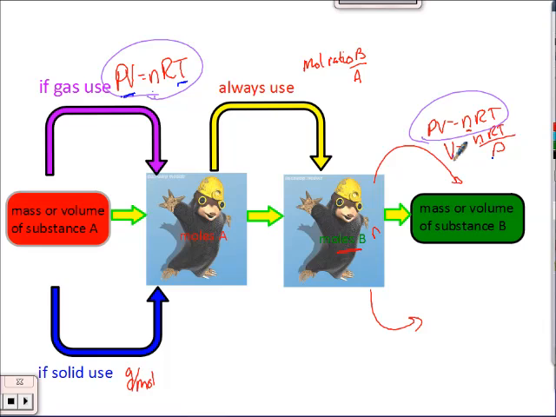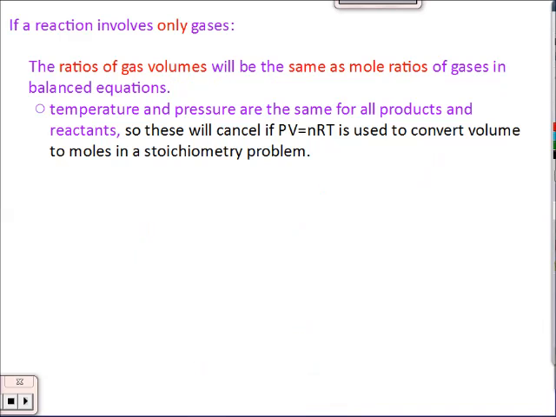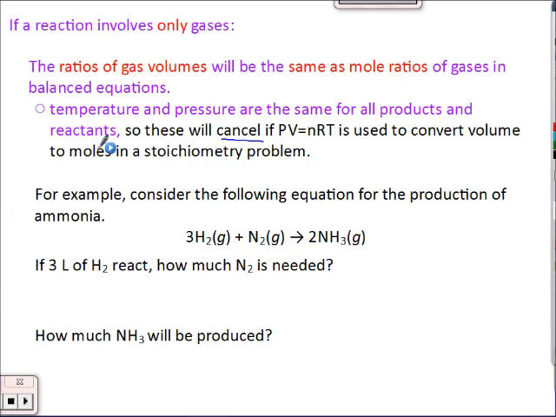These end up being on opposite sides of the equation, top and bottom. Multiply by it one time, divide by it the next time, and they just cancel out. They actually will completely cancel out. So the ratio is the only thing left. The PV equals nRT cancels out on both sides of the thing you have and the thing you're trying to find. So again, if it's only gases, it doesn't work if there's a solid in there.